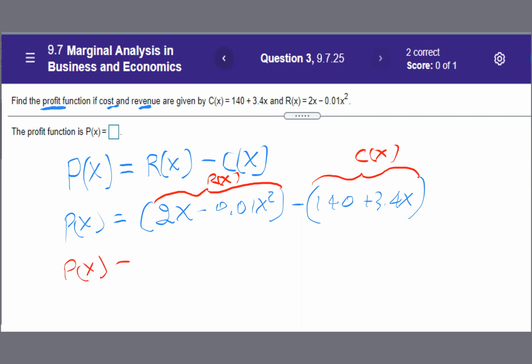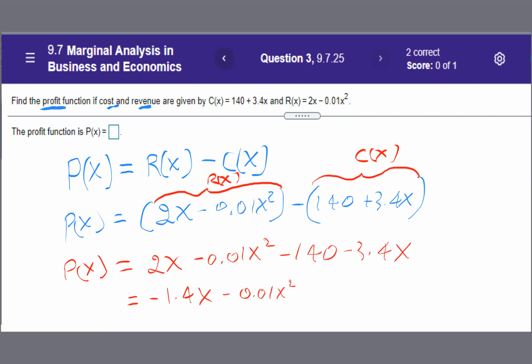So P of x equals 2x minus 0.01x squared minus 140 minus 3.4x, and combining like terms, I will get negative 1.4x minus 0.01x squared minus 140, which I can write in standard form: negative 0.01x squared minus 1.4x minus 140.